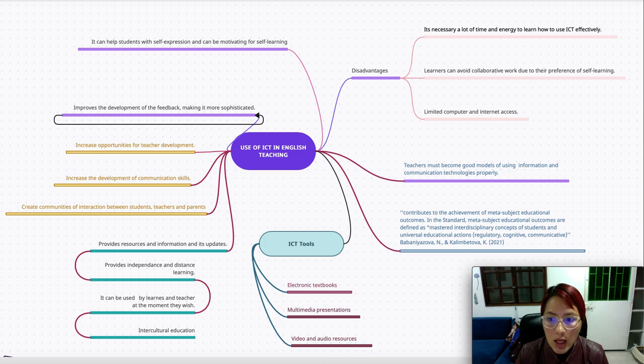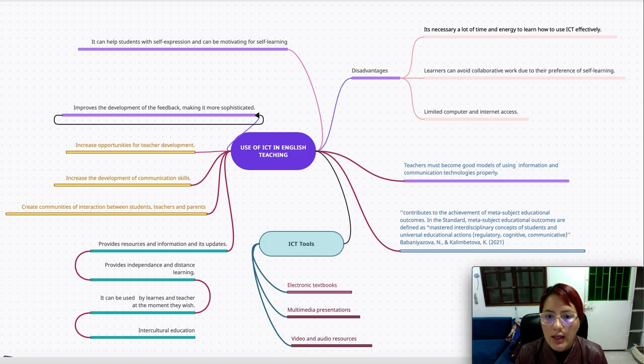And we have another one, a quote: it contributes to the achievement of meta-subject educational outcomes. In the standards, meta-subject educational outcomes are defined as mastery of the interdisciplinary concepts of students and universal educational actions: regulatory, cognitive, and communicative.